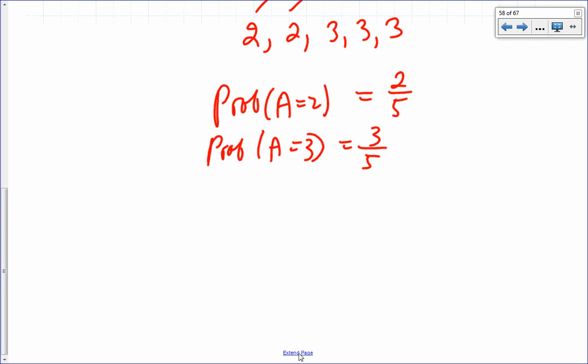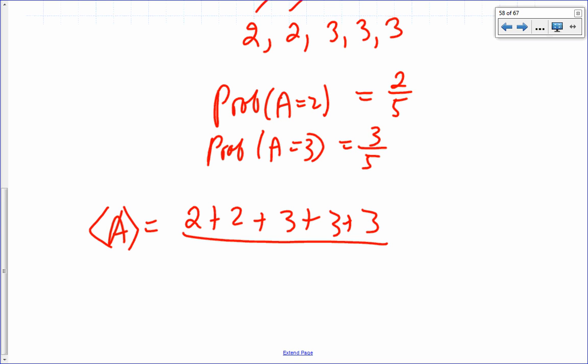So what's my average, if I were to do this lots and lots of times and always get a 2 to 3 ratio? So your average A would be what? What would be the straightforward way of doing it? You say 2 plus 2 plus 3 plus 3 plus 3 divided by 5, right? But what's another way of doing this?